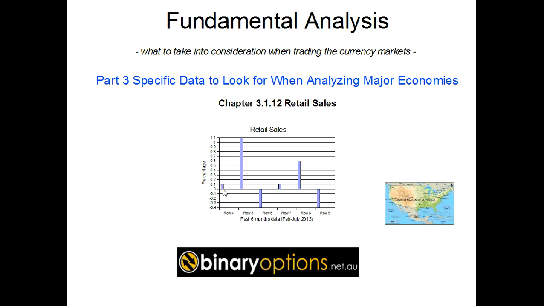So you have, let's say, positive 0.1% in February, then 1.1 strong retail sales in March, then a negative 0.4 in April, then 0.1 in May, then in June you have 0.6, only for July to come with minus 0.4 for the retail sales.